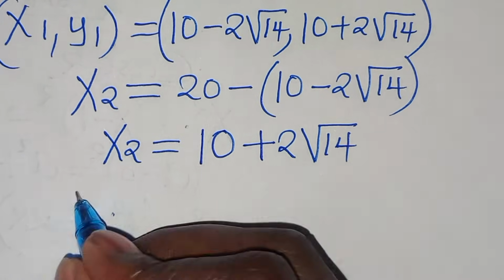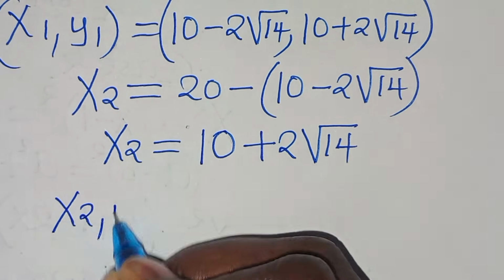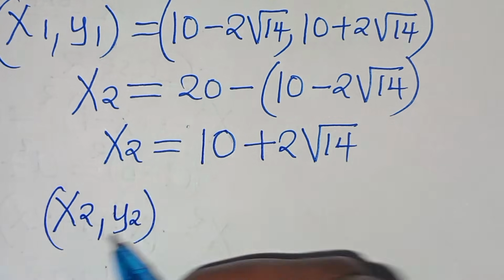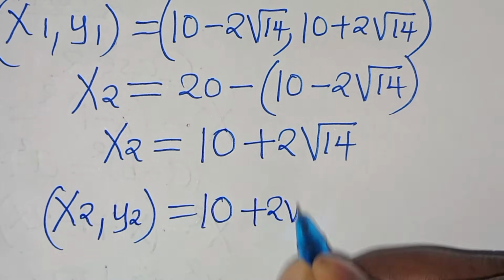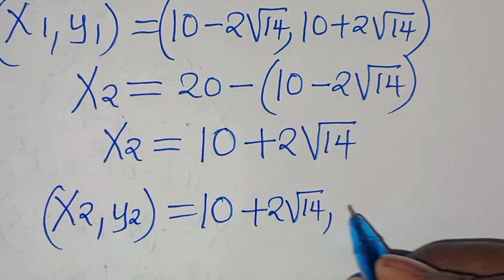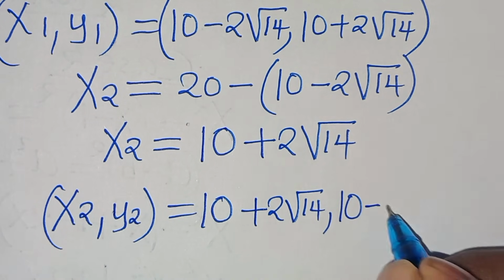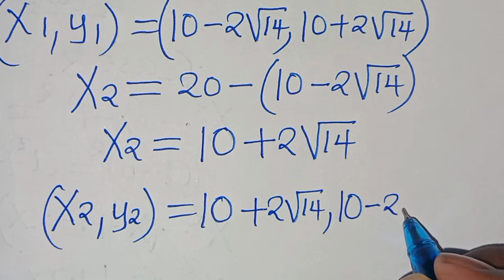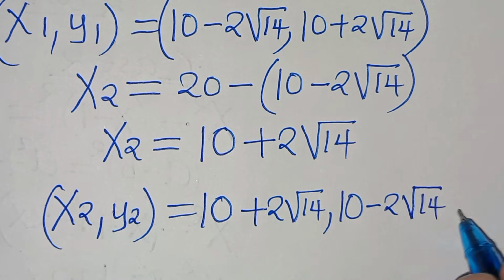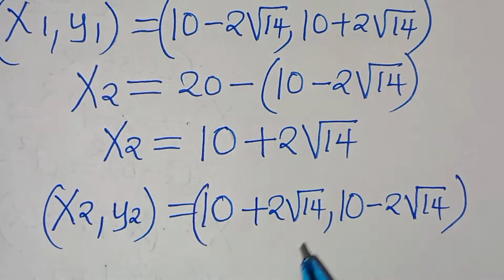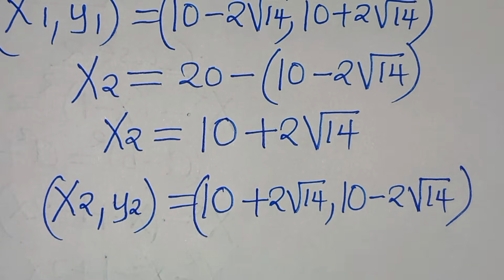So this implies that the second set of solutions, x2, y2, is equal to 10 plus 2 square root of 14, comma, 10 minus 2 square root of 14. So this is the second set of solutions that we have.